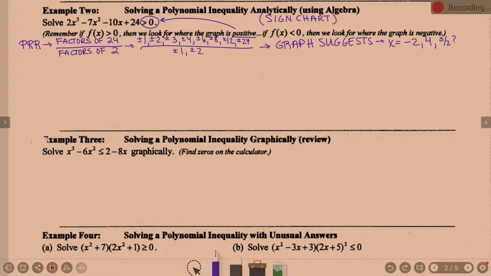And I will say 3 halves, question mark. The thing is, irrationals have to occur in pairs. So -2 and 4 are pretty obvious. That means that other one has to be a rational option. And considering 3 halves is an option, it's probably 3 halves is our third.